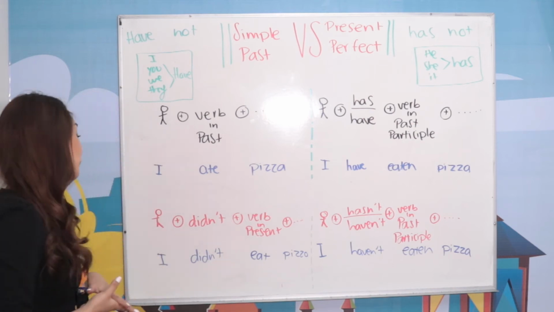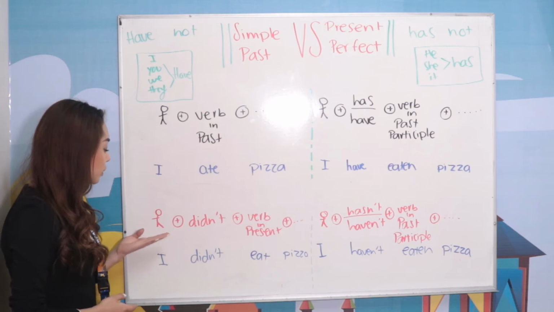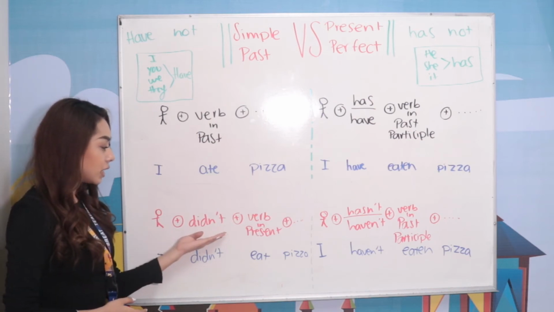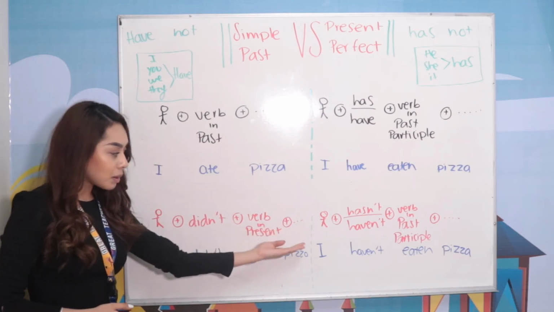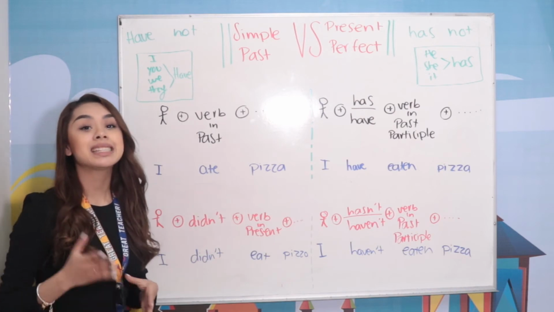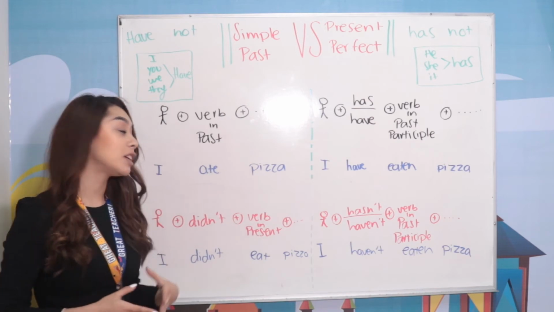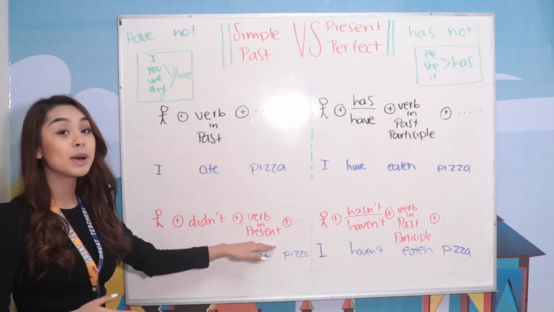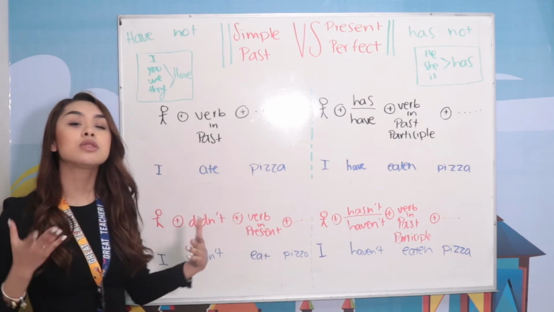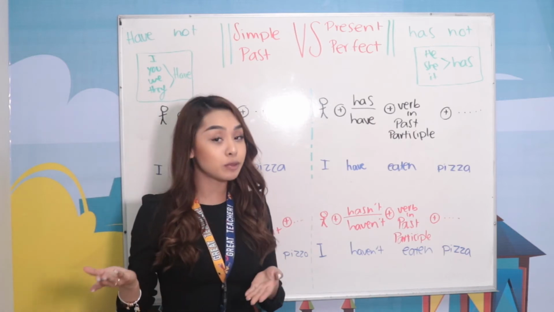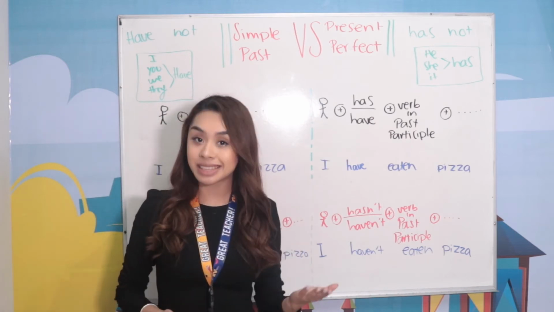So let's see. Here we have the structure: subject, the auxiliary didn't, the verb, and a complement. Just remember that in simple past, in negative sentences, we have to use the auxiliary didn't, and the verb must be in present. Why? Because do you remember what is the past tense of do? Right, it's did.